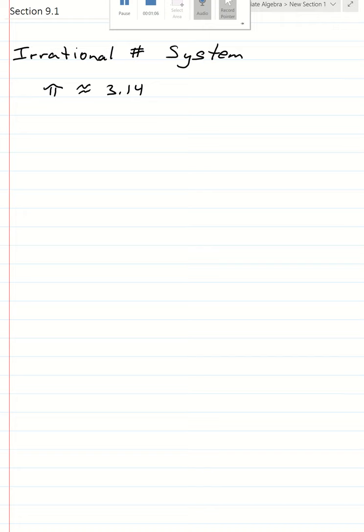There's another irrational number that we're going to learn a great deal about later on in chapter 11, and that is the irrational number e. Okay, e is another irrational number. It has a decimal approximation of approximately 2.718. Okay, and these decimals keep on going. They never end, nor do they ever repeat, and that's why they are considered irrational.